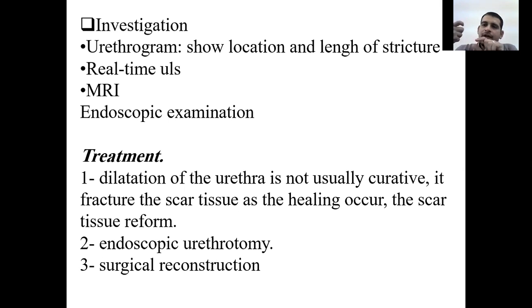Then inject the contrast media into the urethra, and after that take multiple X-ray exposures in the lateral oblique position to show the urethra and the length of the urethral stricture.